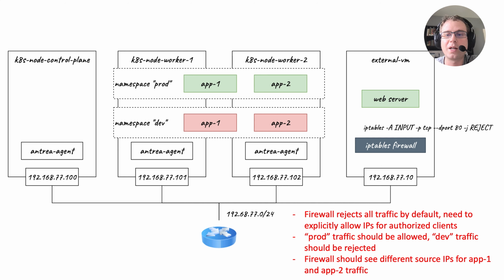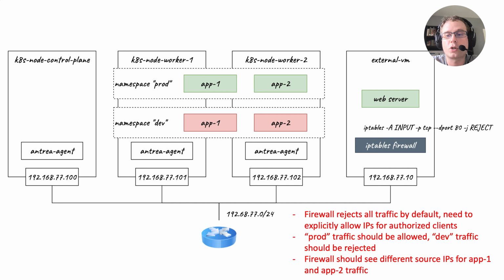So now, let's summarize the requirements that we have. We have a network firewall, protecting access to the external service. By default, the firewall is rejecting all traffic. If we want to allow some connections to access the service, we need to explicitly whitelist the source IPs for these connections.